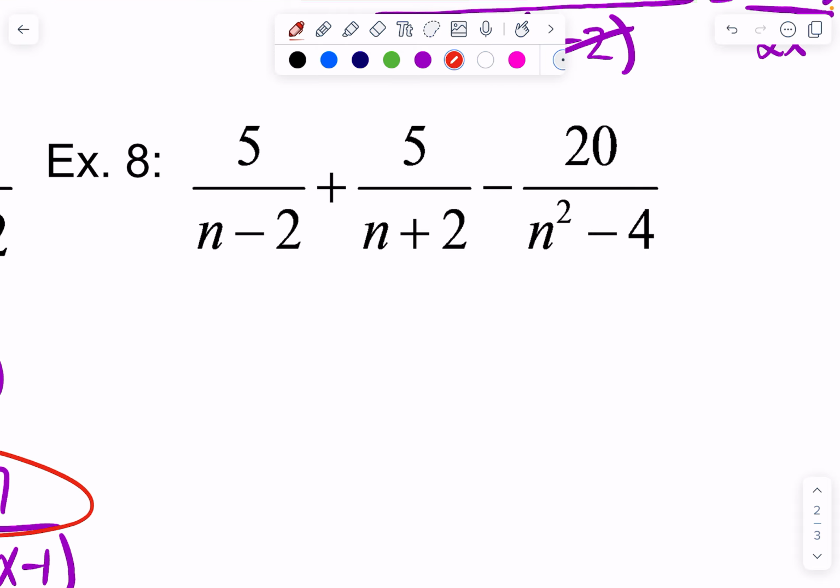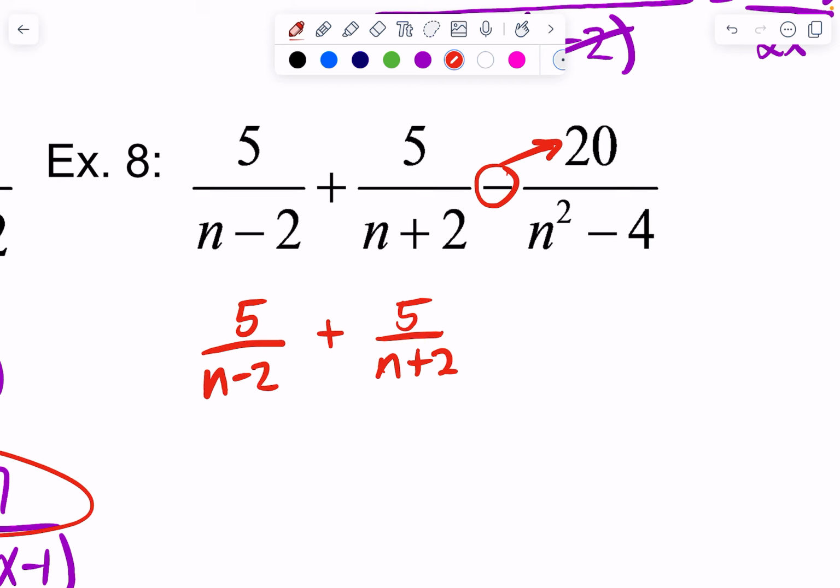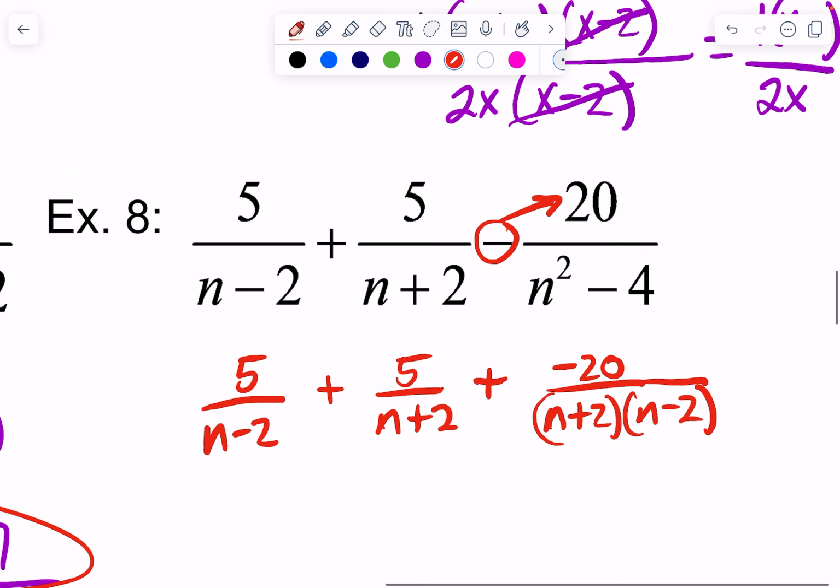Don't stress it. I've got 5 over n minus 2 plus 5 over n plus 2. Got this negative here. I'm going to distribute it to the 20, make this a positive. So I've got negative 20 over n plus 2, n minus 2. My LCD here in this case will be n plus 2, n minus 2.